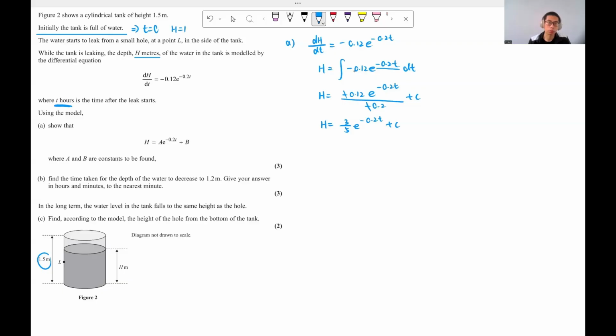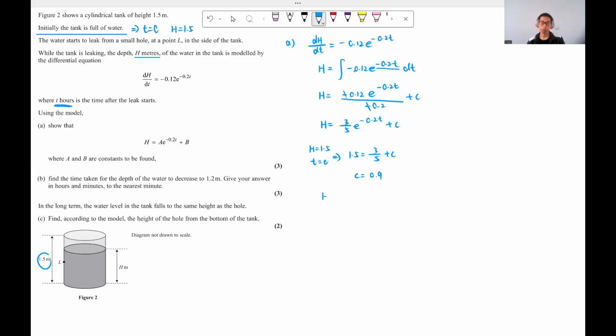So h equals 1.5. Then substitute in h equals 1.5 and t equals 0. So that would be 1.5 equals 3 over 5, and then e to the power 0 is just 1, plus c. So c is just equal to 1.5 minus 3 over 5, which is equal to 0.9.